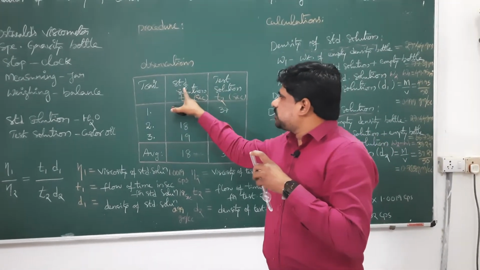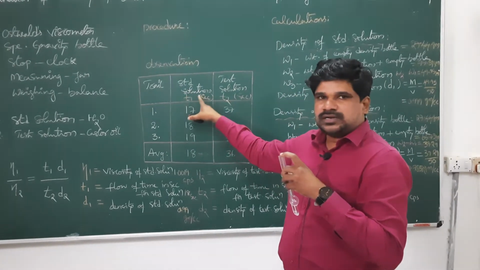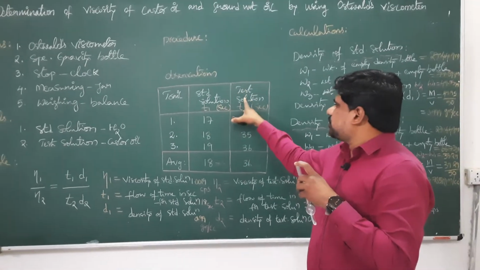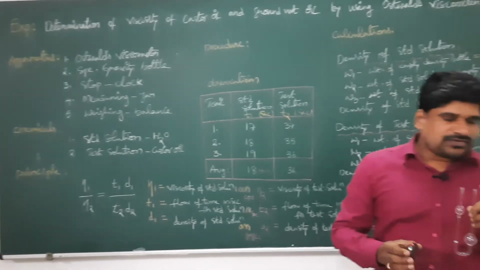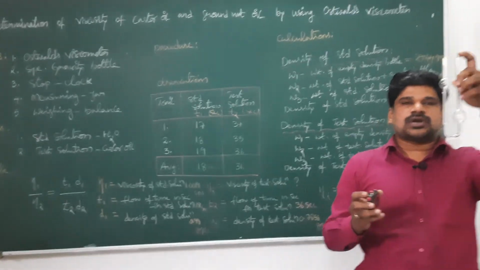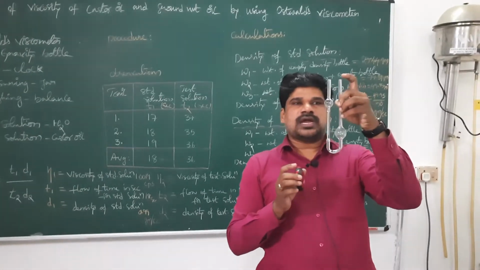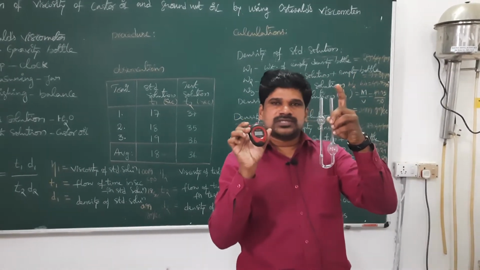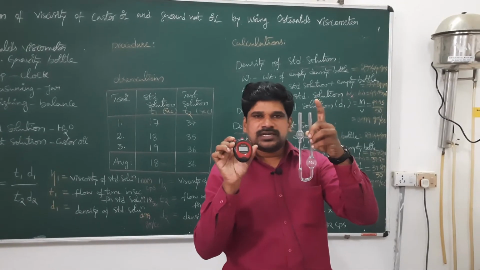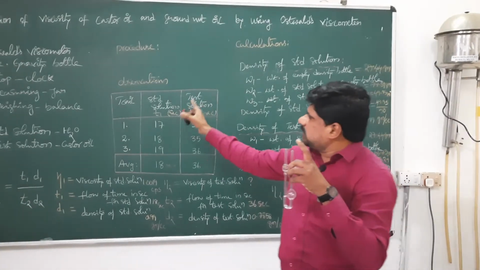Standard solution time is T1 in seconds, and test solution time is T2 in seconds. In the first trial, we fill the water in the bulb and release the finger. The time is counted using the stopwatch, and you record that time in the table.